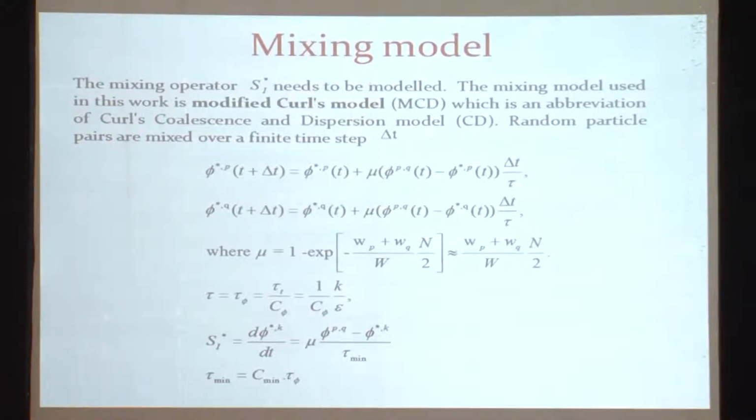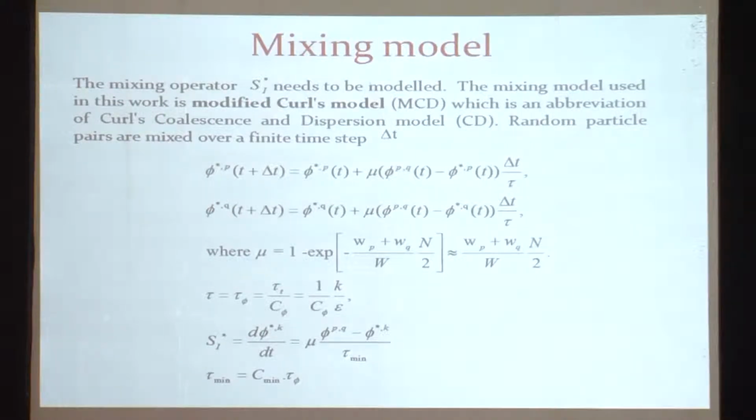Here we use the modified Curl's model. That has been derived from the modified Curl method that is applicable to the PDF method, so we have adapted that for our purpose. What is important in the mixing model is that we are basically mixing two particles with one another at certain rates.